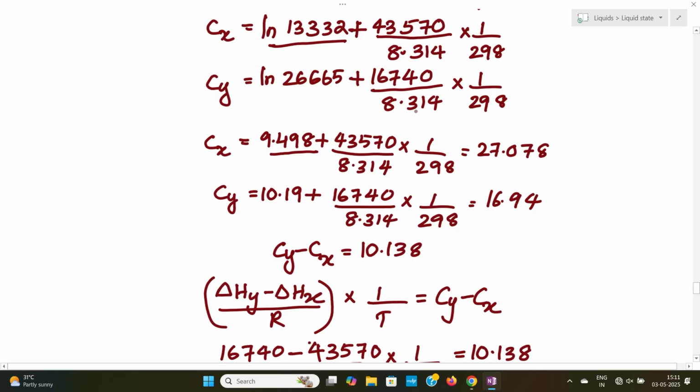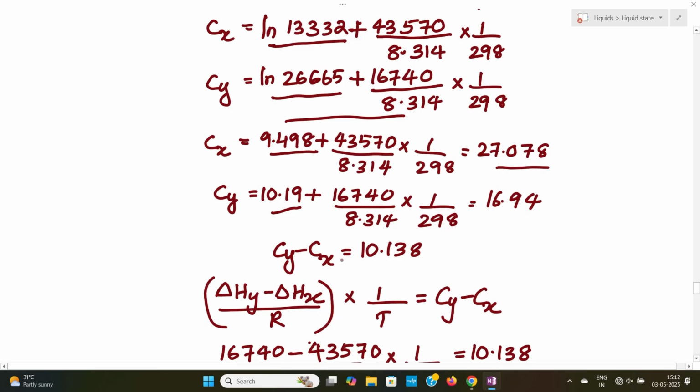Here we wrote all the values. Then the Cx, when we calculate this, final answer will be 27.078. Here in Cy also ln of this value is 10.19, and we calculate all these things and finally we'll get the value as 16.94.